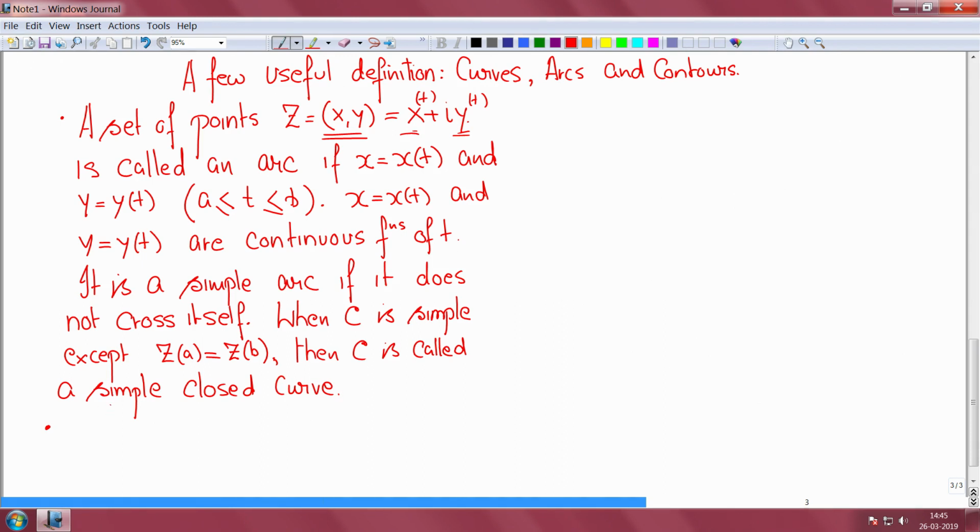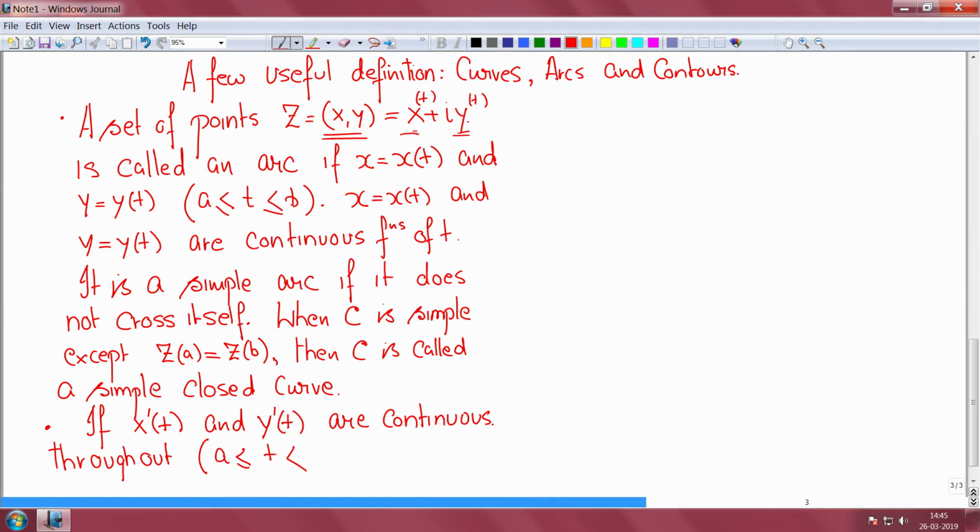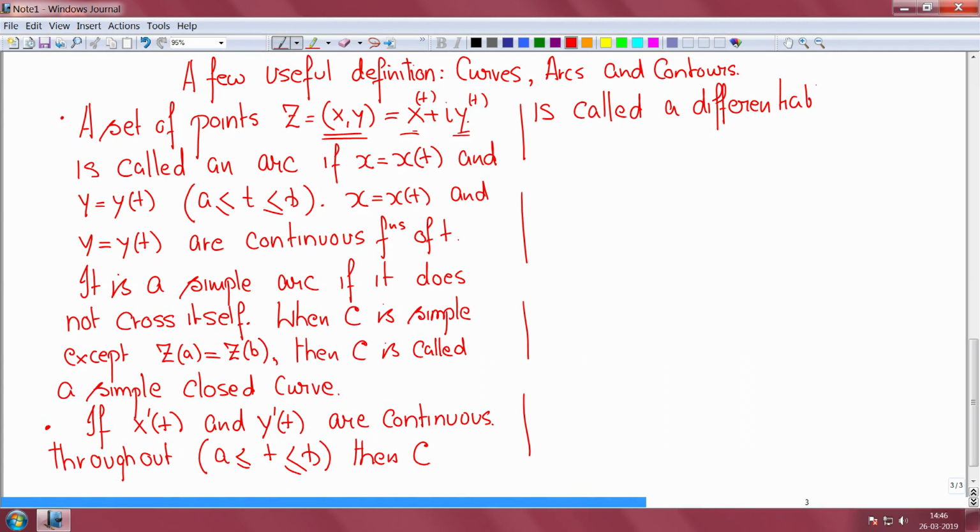So the next definition is, if x dash of t, that means the derivative of x with respect to t, and y dash of t are continuous, the derivatives are also continuous throughout, as t varies between A and B, then C is called a differentiable arc.